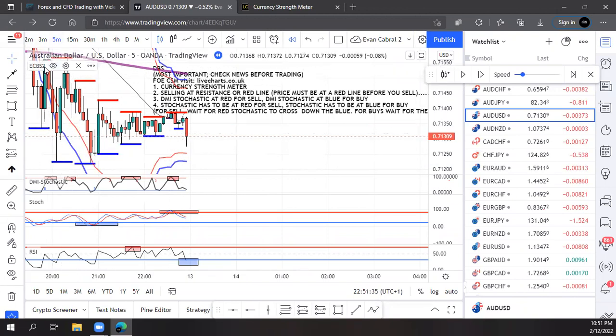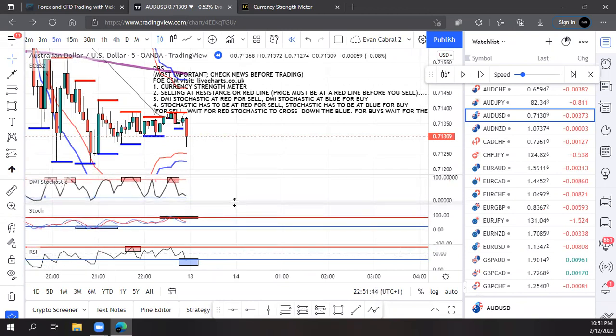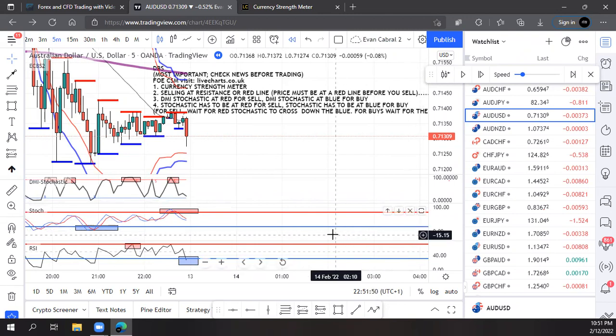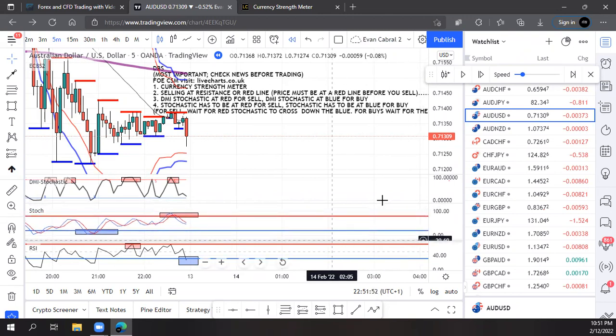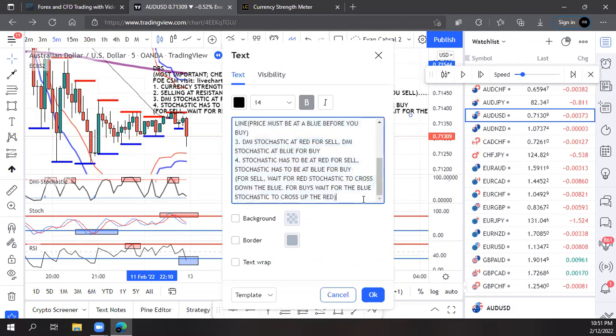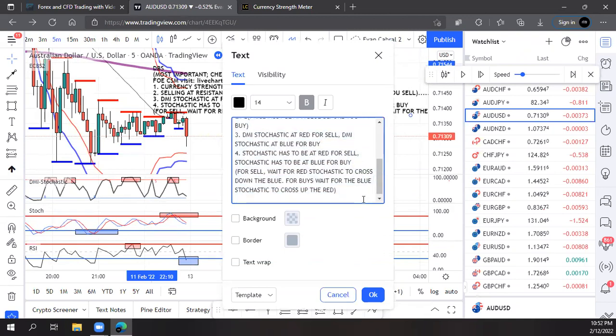So the first indicator was the Van Cabral DMI. Number 2, we have stochastic. Number 3, then we have the RSI as number 4. So guys, this is everything you need to understand. So the RSI, same thing.